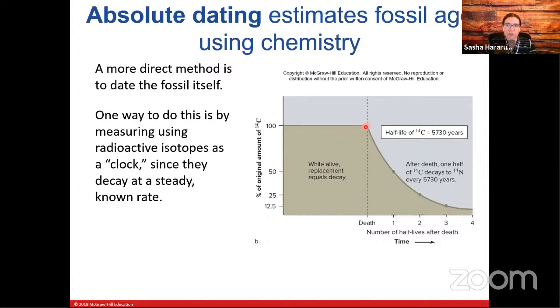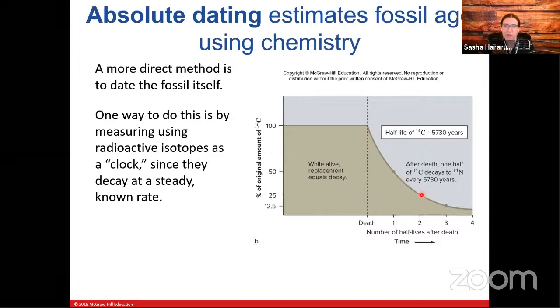Once the organism dies, the amount of carbon-14 within it will start to decline. After 5,730 years, the relative carbon-14 content in this dead fish that has started to fossilize is going to be 50% of what it originally was.